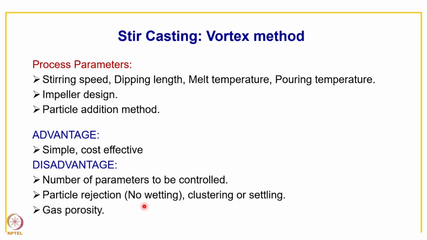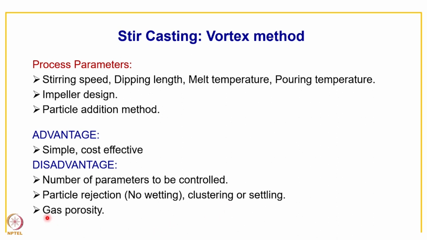Apart from that, the clustering of the particles is also a problem in this particular technique. This again depends on how well you control the process parameters. So for uniform dispersion of particles, or to prevent the clustering of the particles, the process has to be controlled carefully.